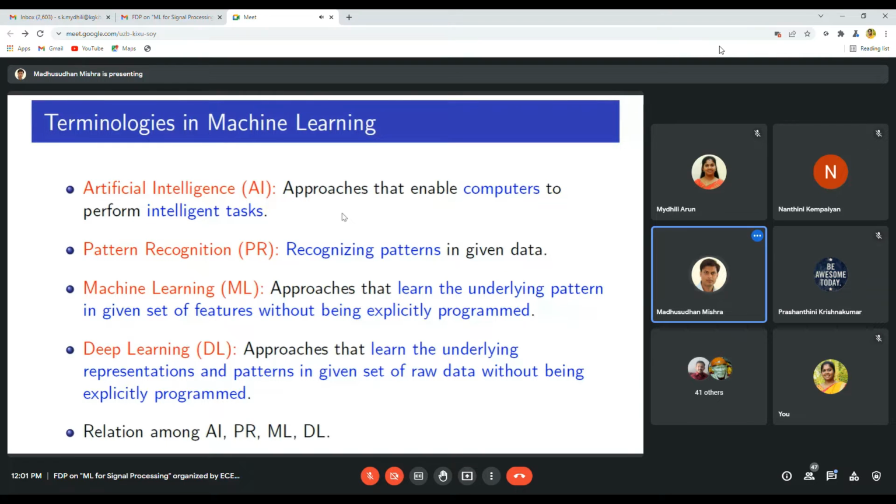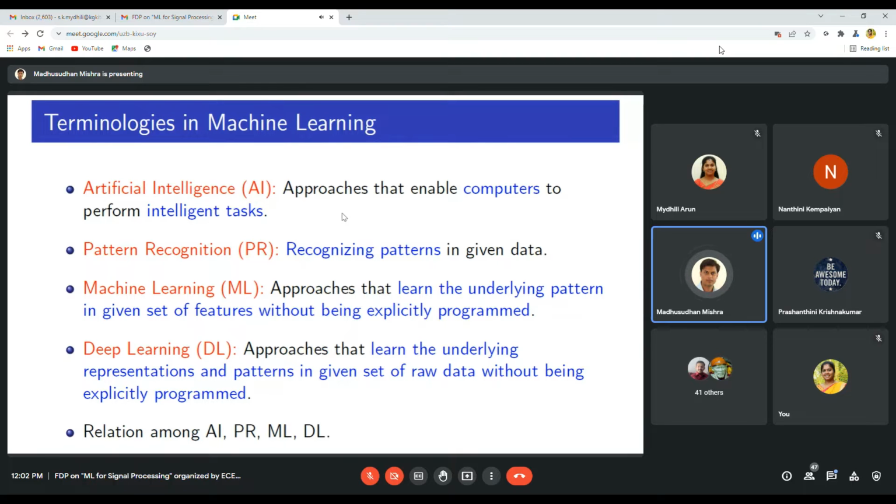Then machine learning. Machine learning refers to approaches that learn the underlying pattern in a given set of features without being explicitly programmed. These are just the terminologies; in detail we will discuss them in the next slides.